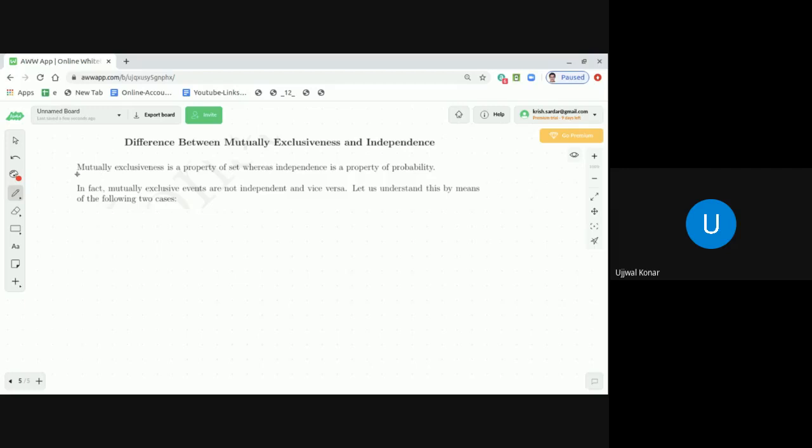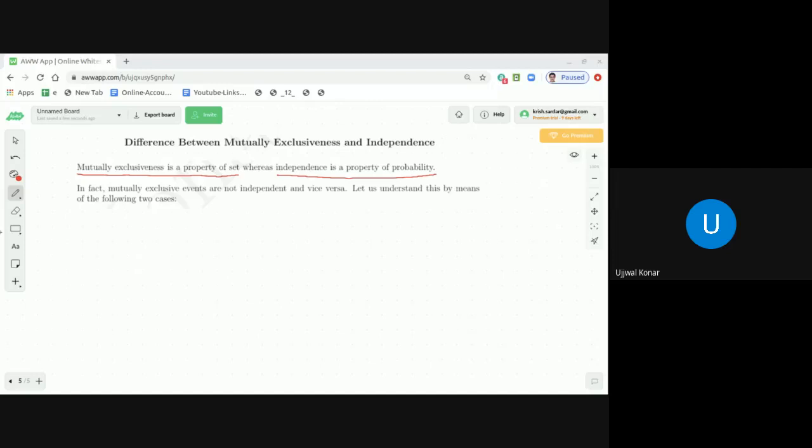In fact, mutually exclusive events are not independent and vice versa. That means that the converse is also true. Let us understand by means of the following two cases. I want to take two cases to explain that mutually exclusive events are not independent and vice versa.